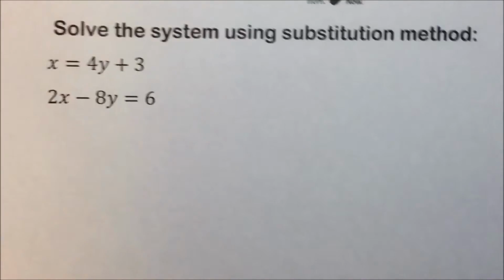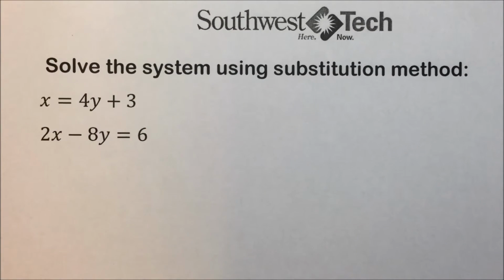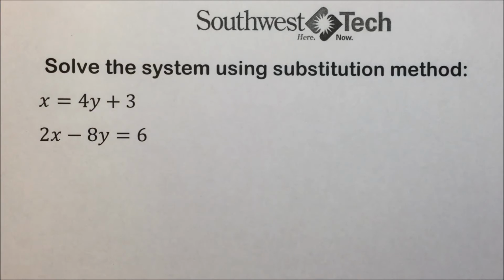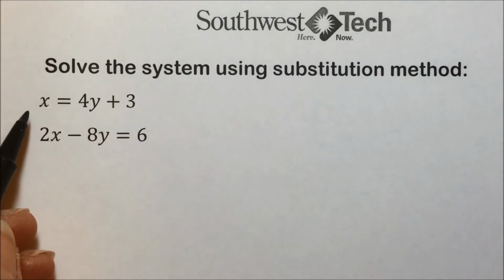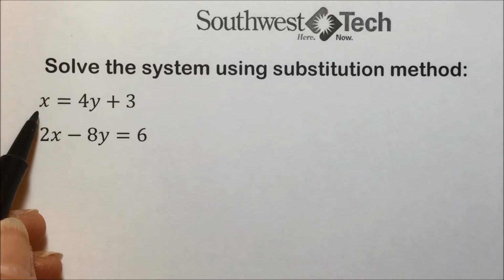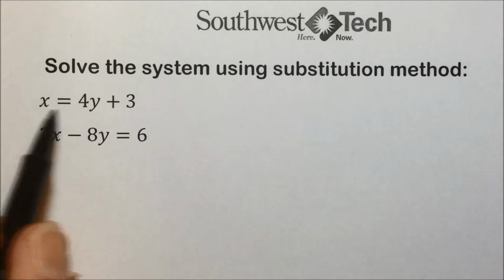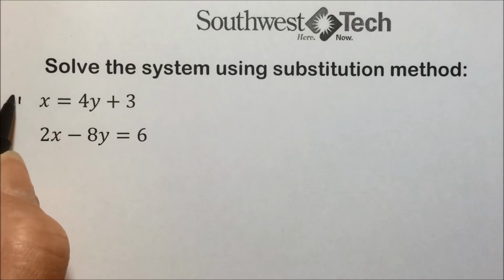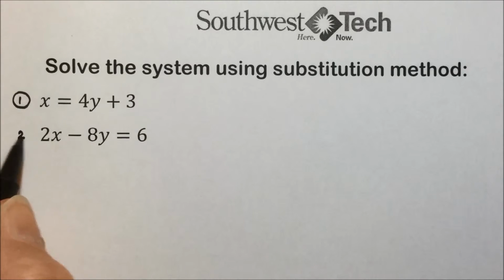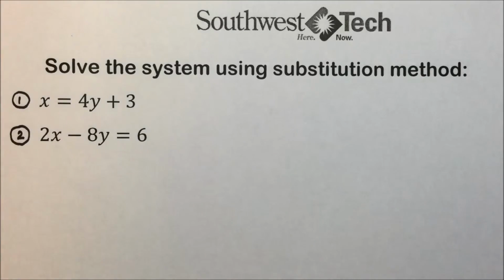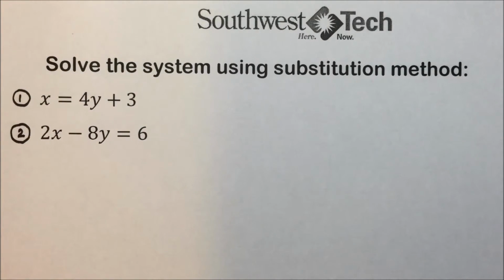In this last example, same thing again. They're asking us to solve the system using the substitution method. If we had equations where one variable was not isolated, we would have to do that as our preliminary step, but we're fortunate here again that they're set up, ready to go for substitution. I've numbered the equations.